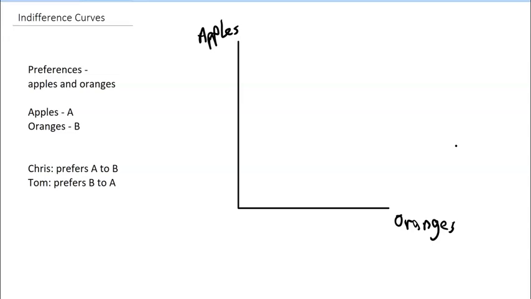Let's say we go 1, 2, 3, 4, 5, 6 apples, and same here, we have some number of oranges. Now, let's say I have a bundle where there are 2 apples and 1 orange. This is the amount given to Chris. Let's say this is bundle T.